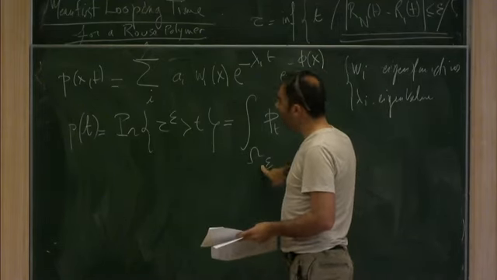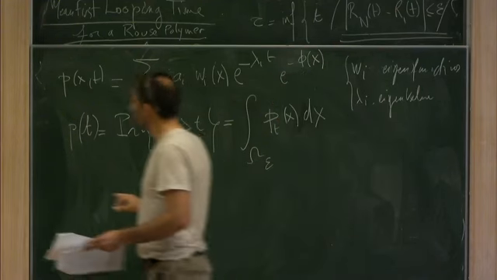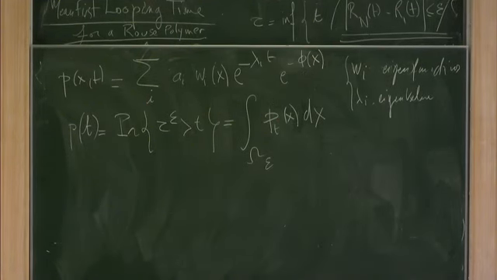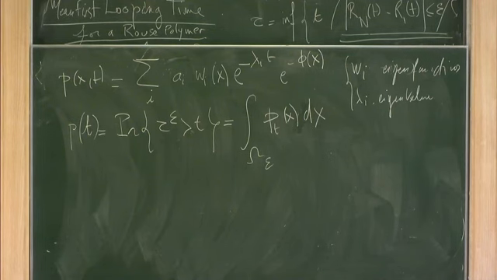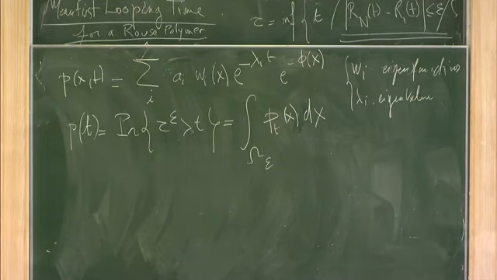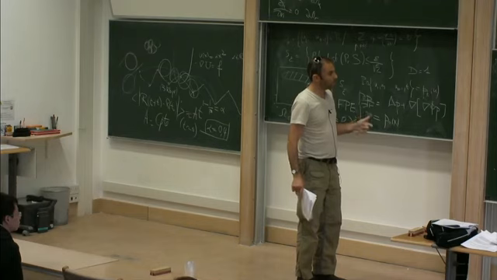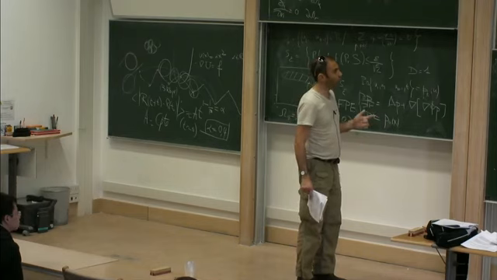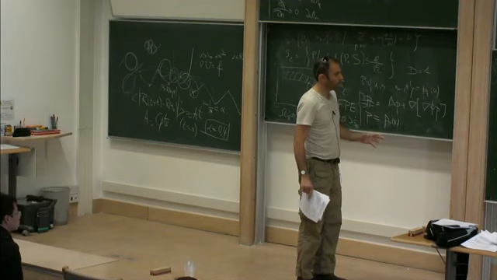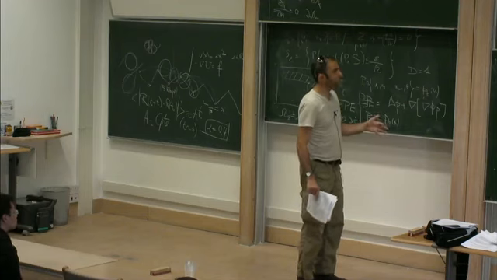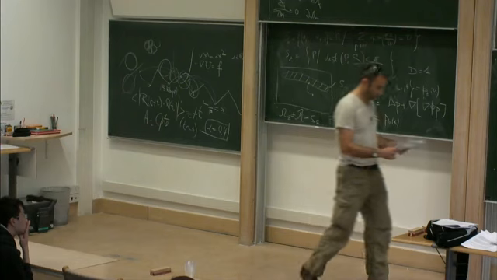So omega_epsilon is your space minus omega tilde minus S_epsilon. If you integrate the probability distribution function over your space, you're still inside, so you haven't formed the loop. So this is correct.